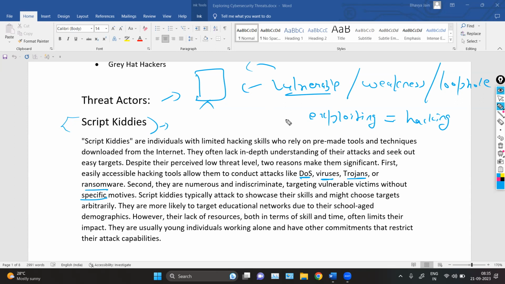Sometimes they can hack and sometimes they cannot hack. So it depends, but there's a chance. Any script kiddie can land on your website and start trying some hacking techniques. So we cannot say that if the script kiddies don't have the prior knowledge, if they don't have the foundational knowledge, we don't have a threat from these hackers.